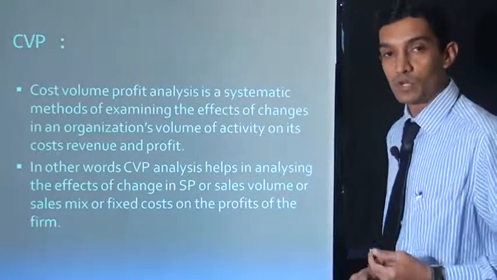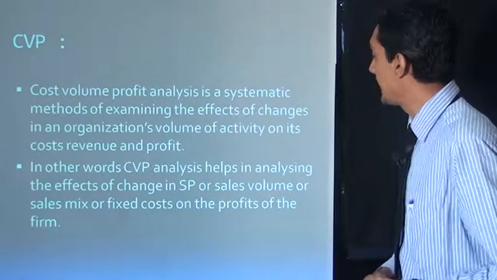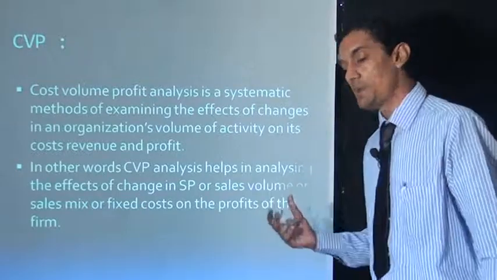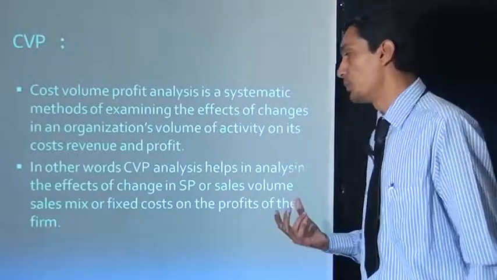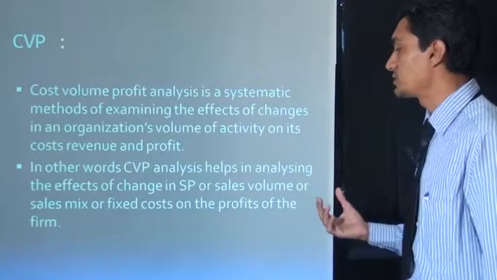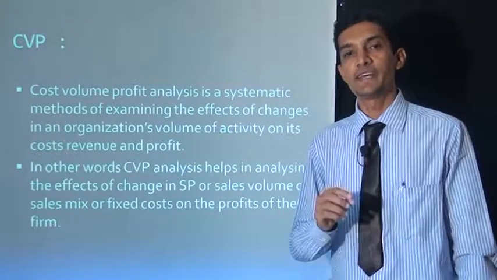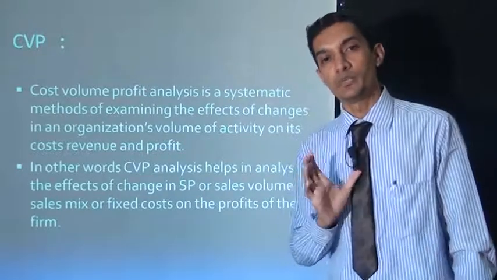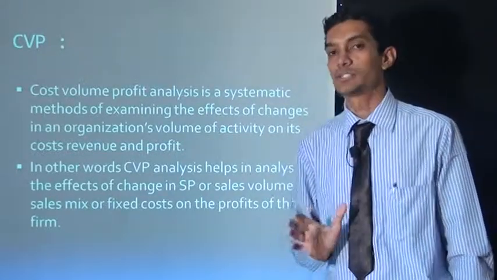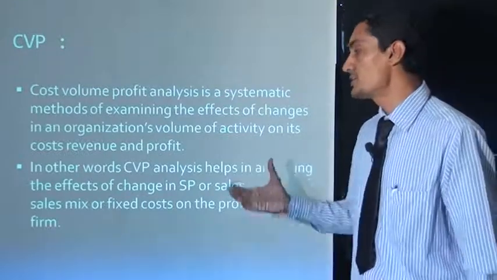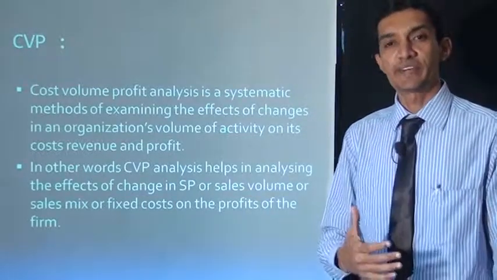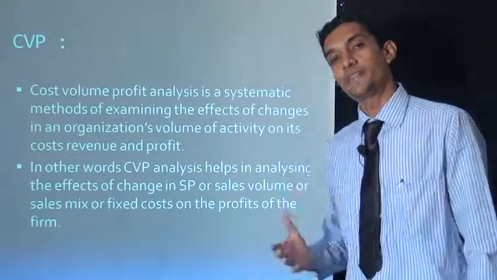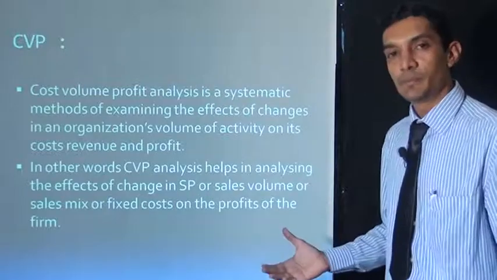In other words, CVP analysis helps in analyzing the effects of change in SP, selling price, or sales volume, or sales mix, or fixed cost. Fixed cost is in rupees only, not per unit, because fixed costs are always fixed. So CVP analysis covers the effects of selling price, sales volume and sales mix.